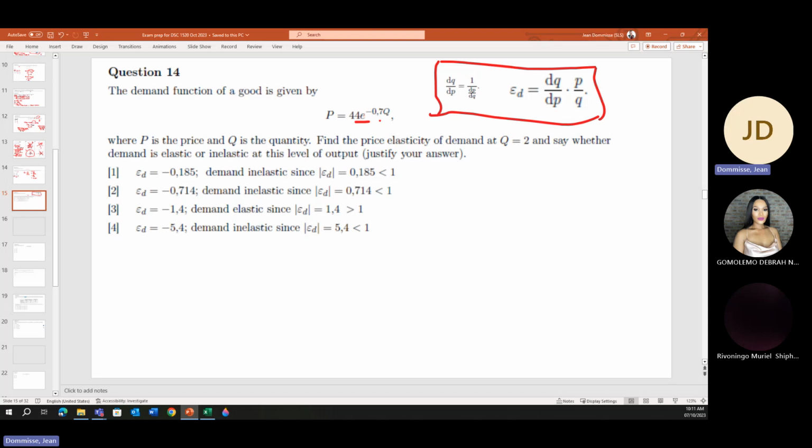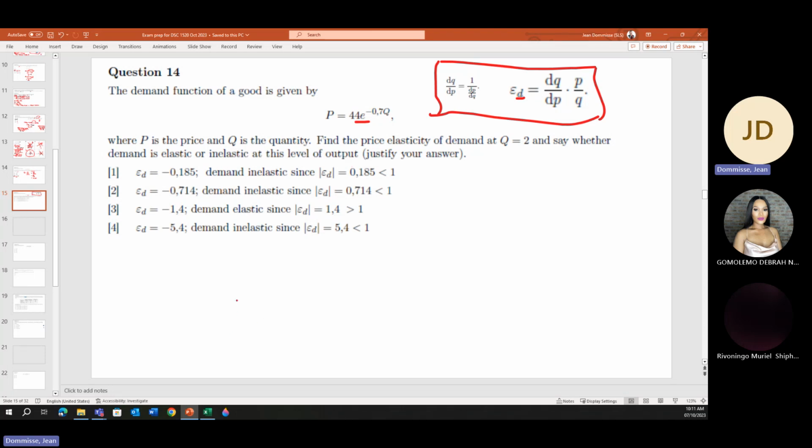You can look at this equation. They ask us, where P is the price and Q is the quantity, find the price elasticity of demand at Q = 2, and say whether demand is elastic or inelastic at this point.